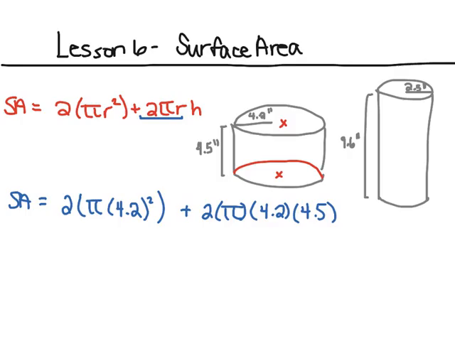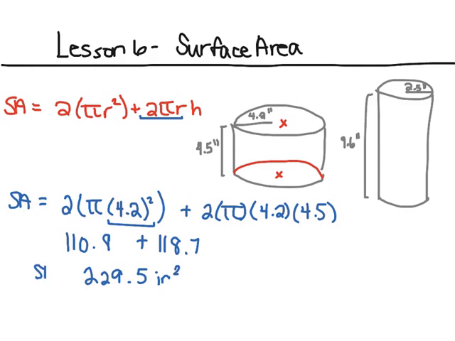To simplify this down, you would do your 4.2 squared, times that by pi, times it by 2, and you should get 110.8. And then 2 times pi times 4.2 times 4.5 should be 118.7. So altogether, this is 229.5 inches squared. So that's the surface area for the short can.